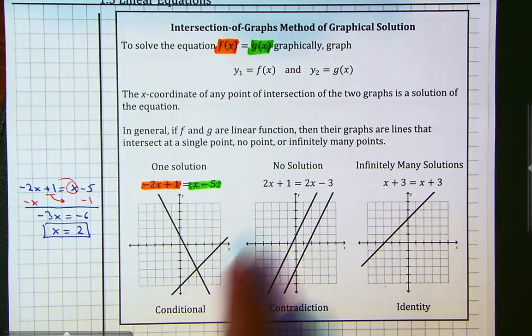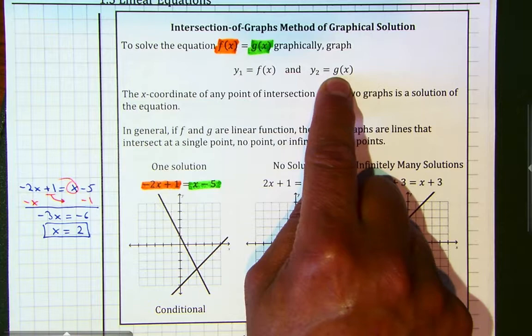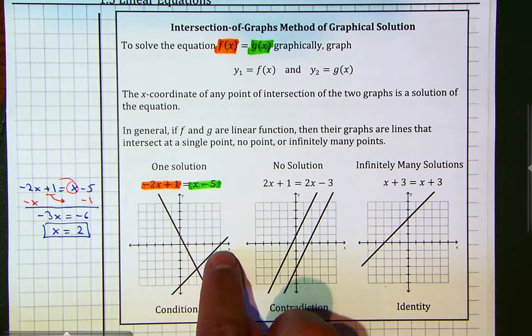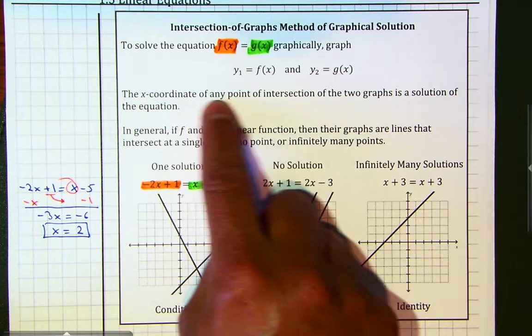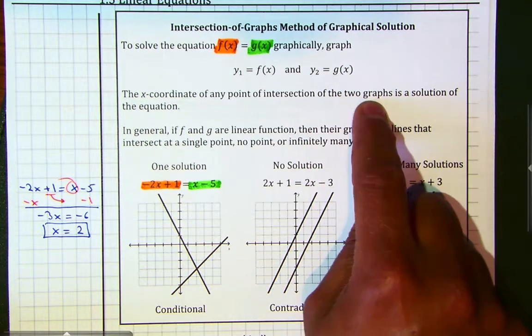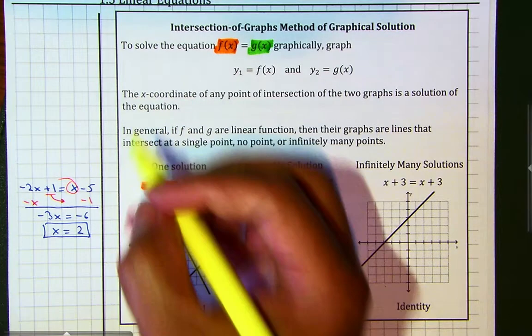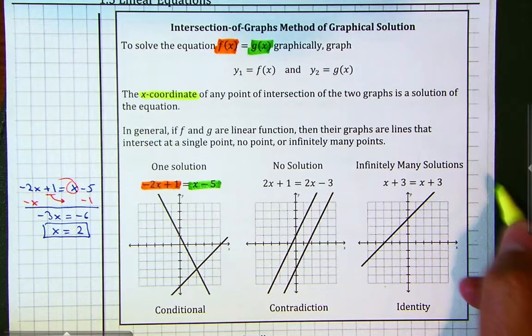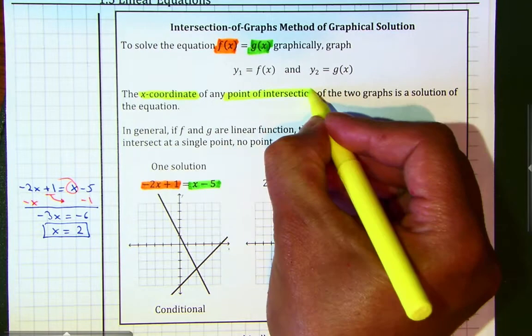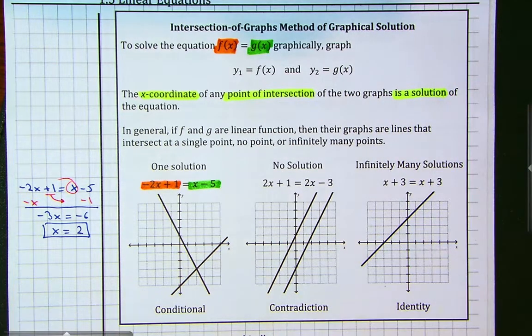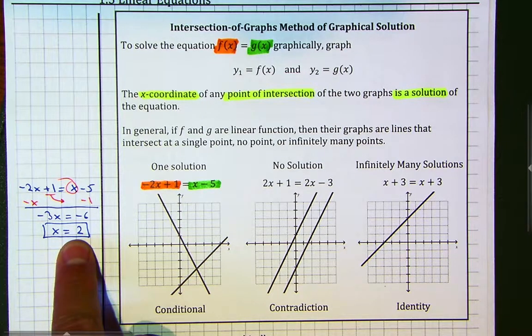That'll be its own function. And if we graph those separately, then the x-coordinate of any point of intersection of the two graphs is the solution of the equation. So in this case, your solution was x equal to 2.